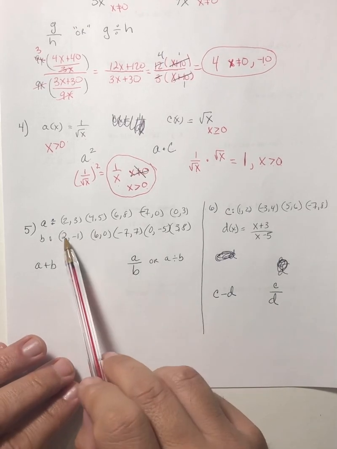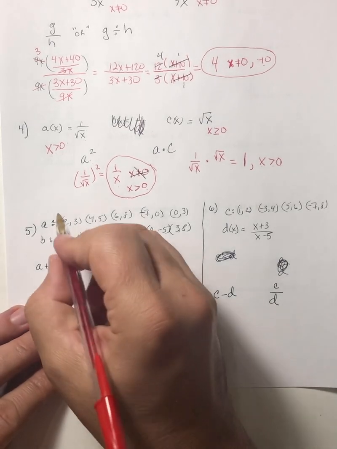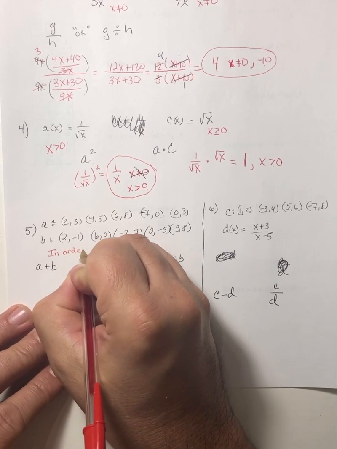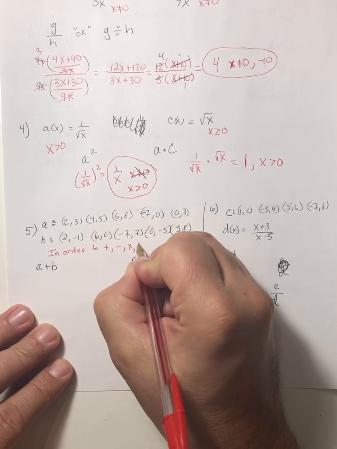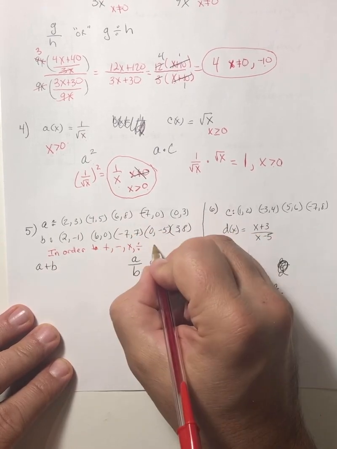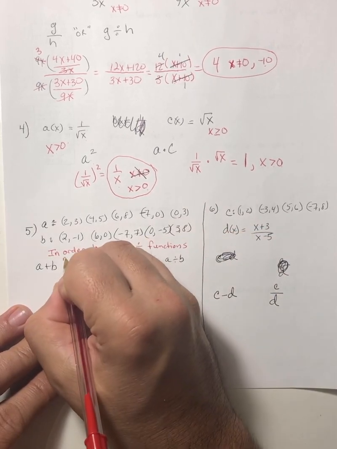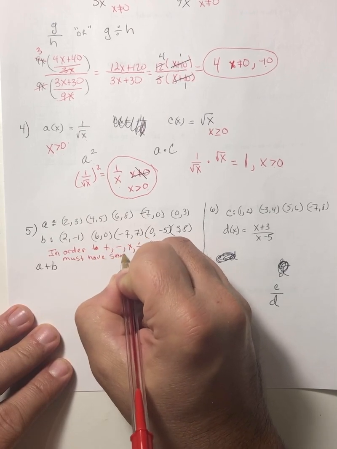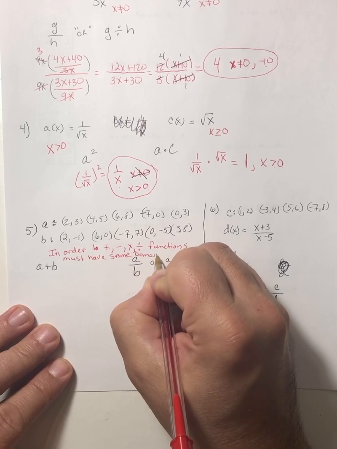So there's not a lot here that we can add. Let's look at the ones that we can add, or subtract, multiply, or divide. The domains have to be the same. So in order to add, subtract, multiply, divide, functions must have the same domain values.